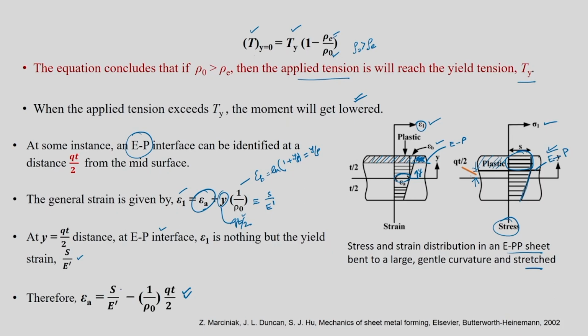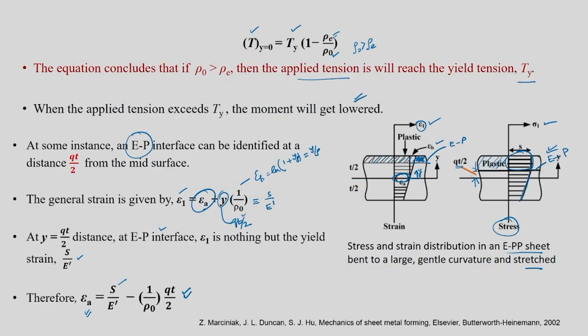Epsilon 1 is nothing but S by E dash, okay, because it is at qt by 2. That would be my yield strain S by E dash, so minus 1 by rho naught, and in place of y I am writing qt by 2 here. So, I am going to get epsilon A. This epsilon A is actually plotted at the mid surface here.